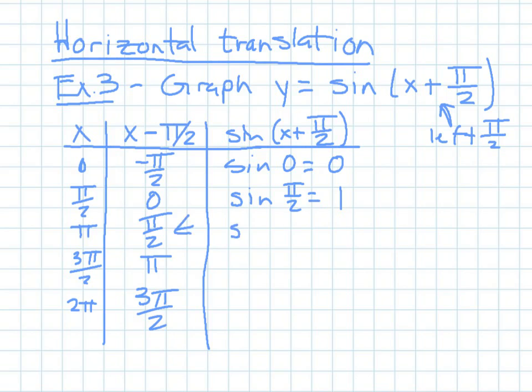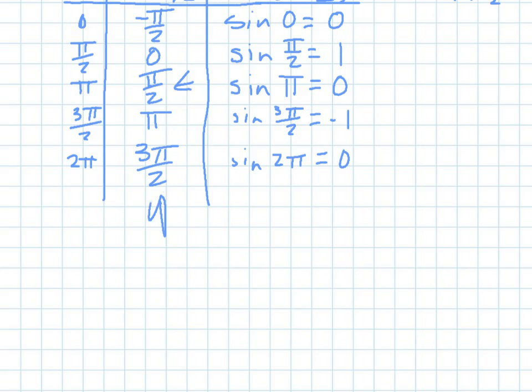Sine of pi over 2 plus pi over 2 gets me sine of pi, which gives me 0. Then sine of pi plus pi over 2 is sine of 3 pi over 2, which gets me negative 1. And then sine of 3 pi over 2 plus pi over 2 gets me 2 pi, so that gets me 0 again. Now these are my new values.